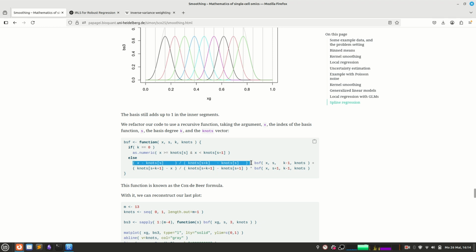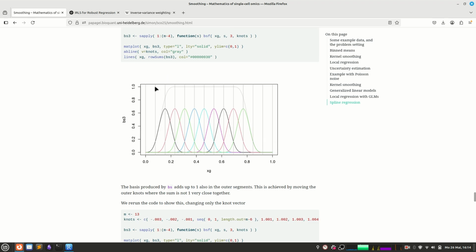So to the left of the support, this here is 0, and this here is 1, and this here is 0, and at the right end of the support, it's the other way around. And you can see this is a recursive formula. So here in code, it calls itself, but you can also write it down, and we call this the Cox-de Boor formula. And if we use this, then we get this plot here.